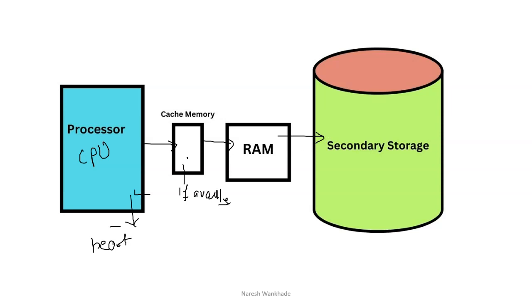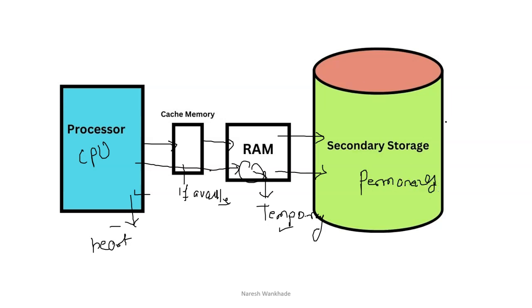And after processing, for temporary purpose data is stored in the RAM, and for permanent purpose data is stored in the secondary storage.